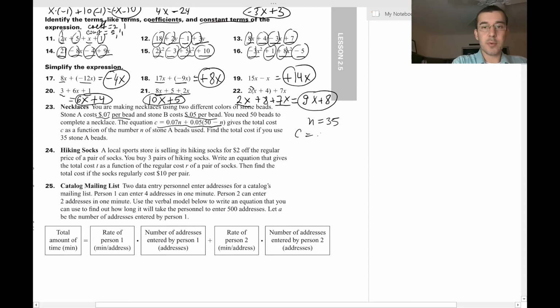So we get 0.07 times n, which is 35, plus 0.05 times 50 minus n, where n is 35.